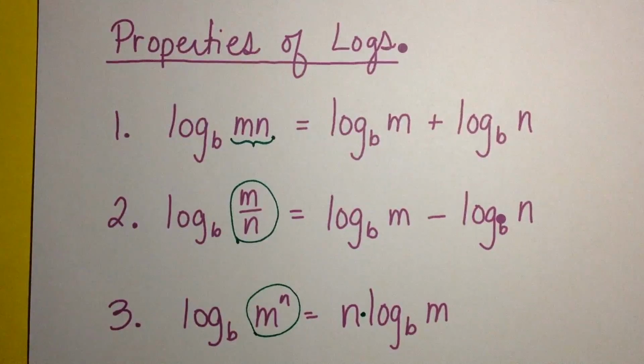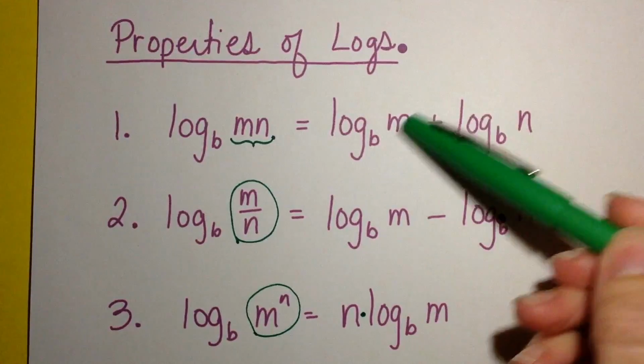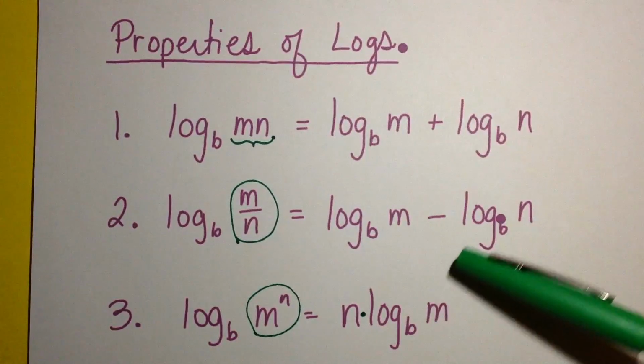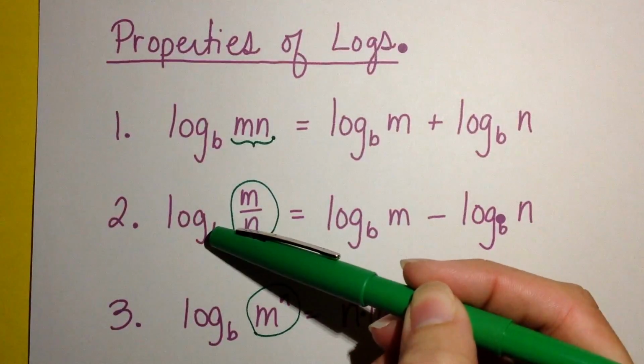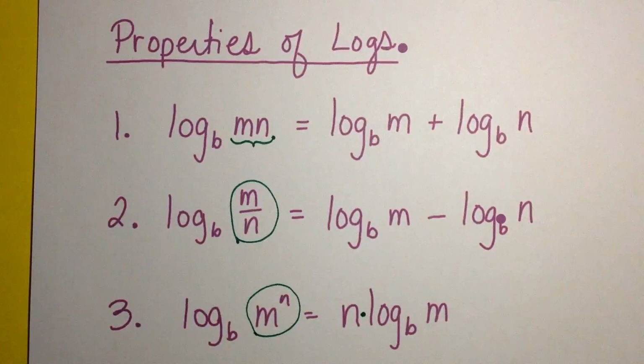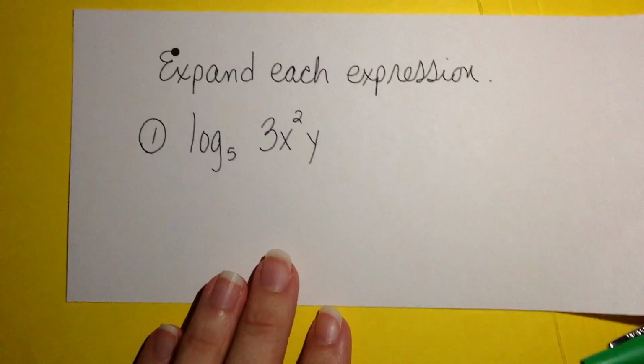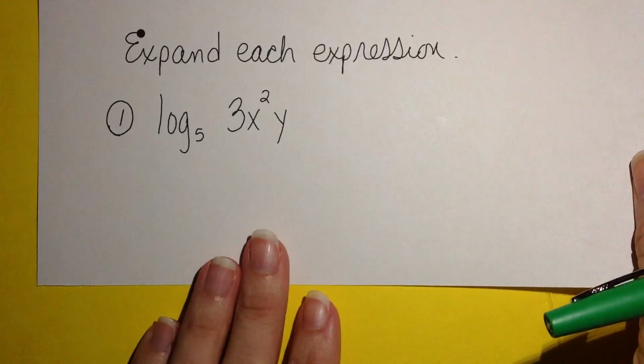The reverse of that is condensing. In that situation, you'll start out with your problem looking like this, and then you rewrite it this way. So you'll use these same properties in the whole section, once to expand and then the other to condense.